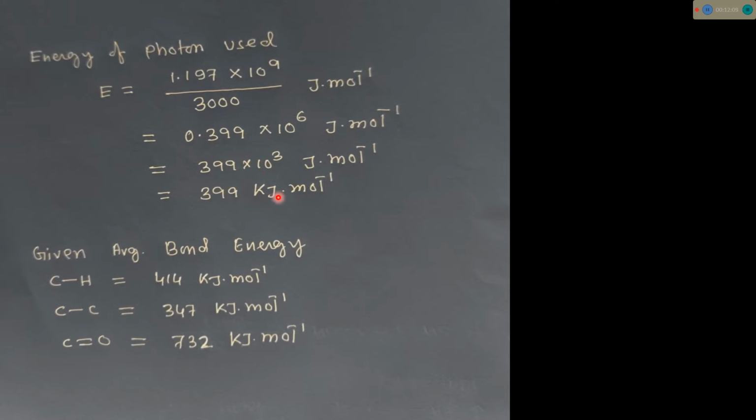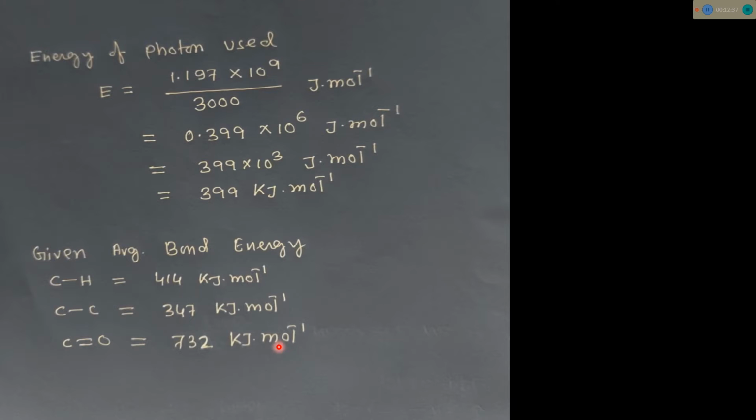Now in the given question, the average bond energies are given as C-H single bond 414 kilojoule per mole, C-C single bond 347 kilojoule per mole, and C double bond O 732 kilojoule per mole.